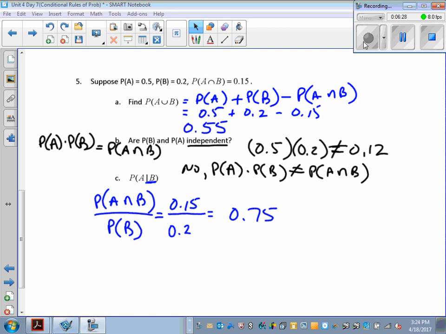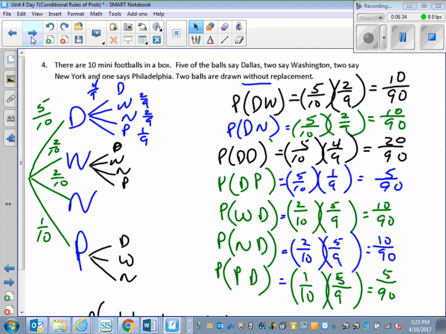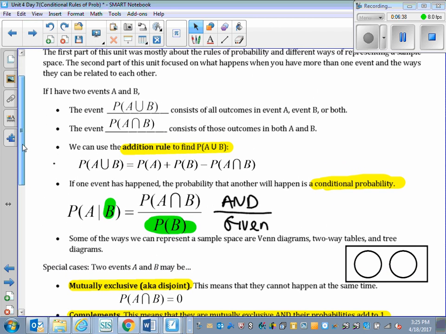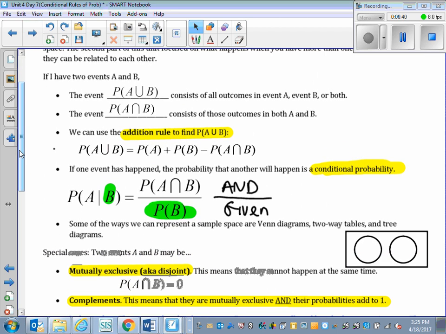Okay, now let's move on to the notes for 4.7. So first and foremost is the stuff you already know. You know the and and the or. And or is your addition rule.